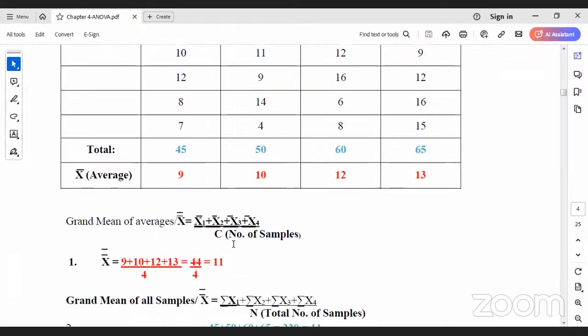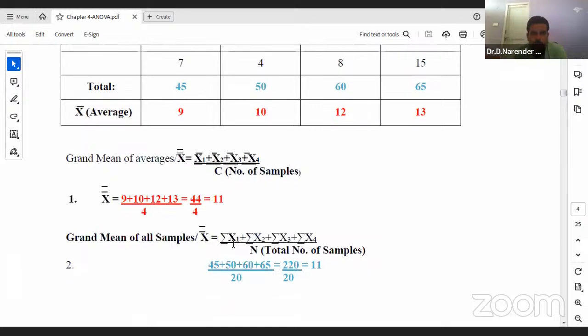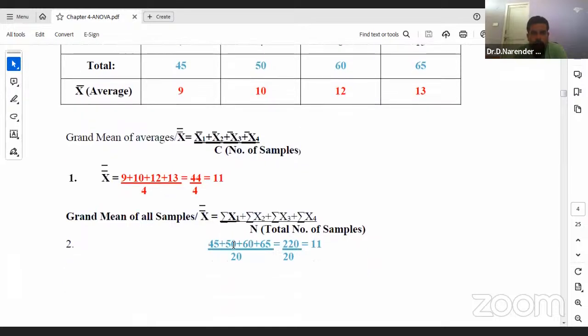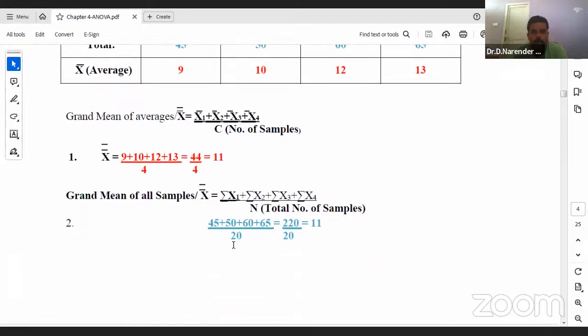Okay. After finding the total and average, the next step is the grand mean of averages, the grand mean of all samples.